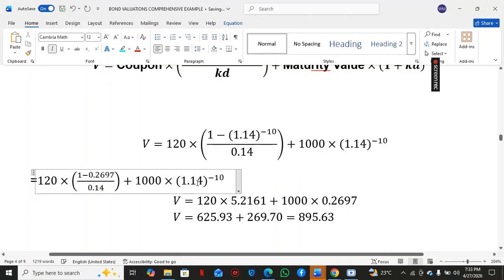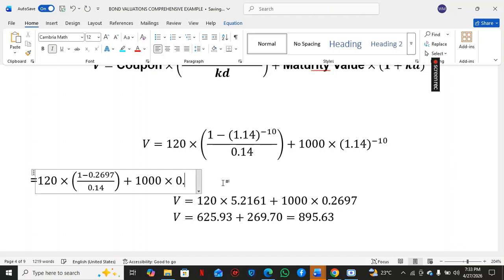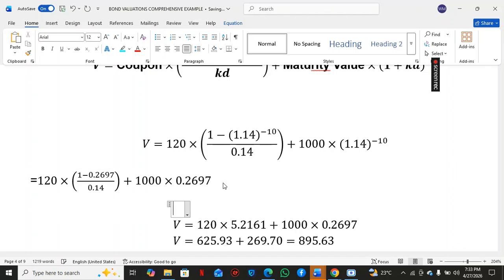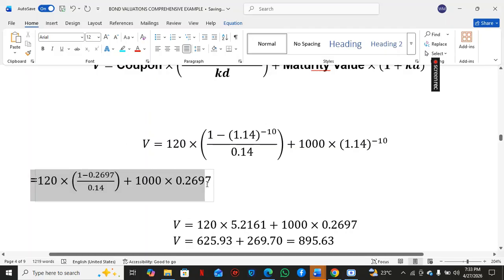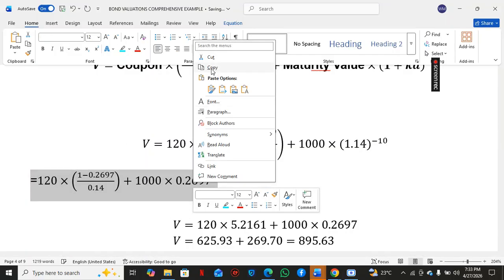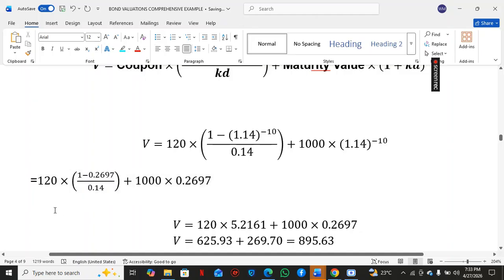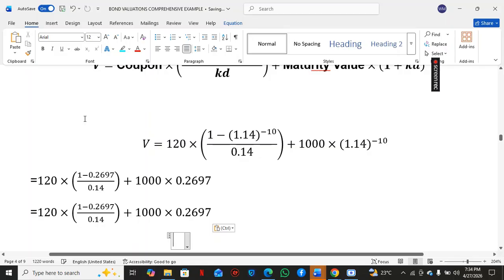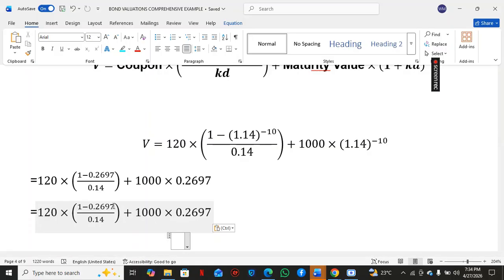So even here, 1.14 to the power negative 10 was going to become 0.2697. Then 1 minus 0.2697 gives 0.7303.